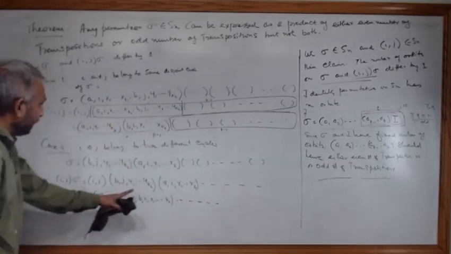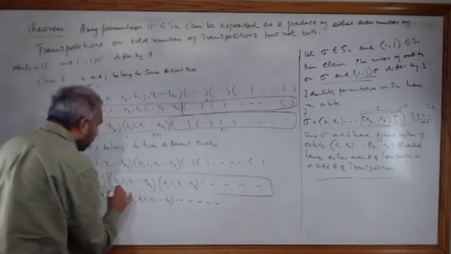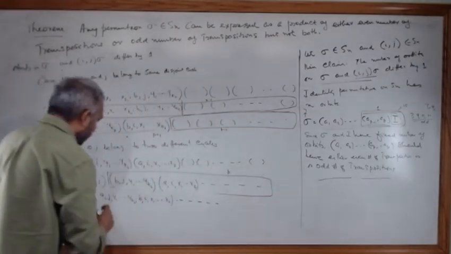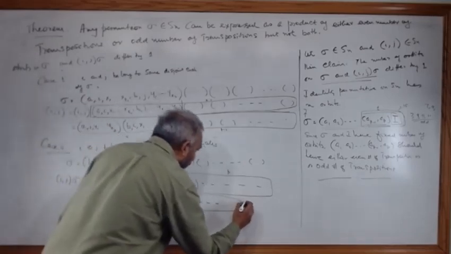So you are combining these two. So this is my sigma, and that is p. So this will have p minus 1.